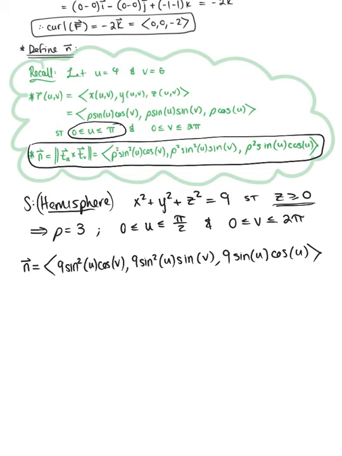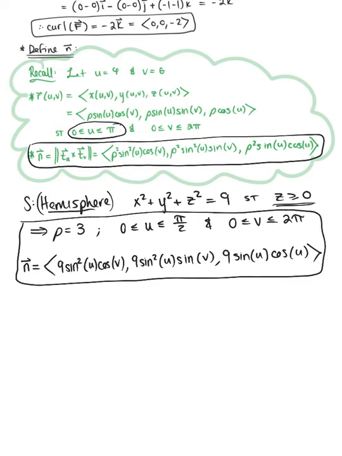All right, so we have our normal vector and the bounds needed for our surface integral, as well as the curl. So we have everything we need now to compute the surface integral.